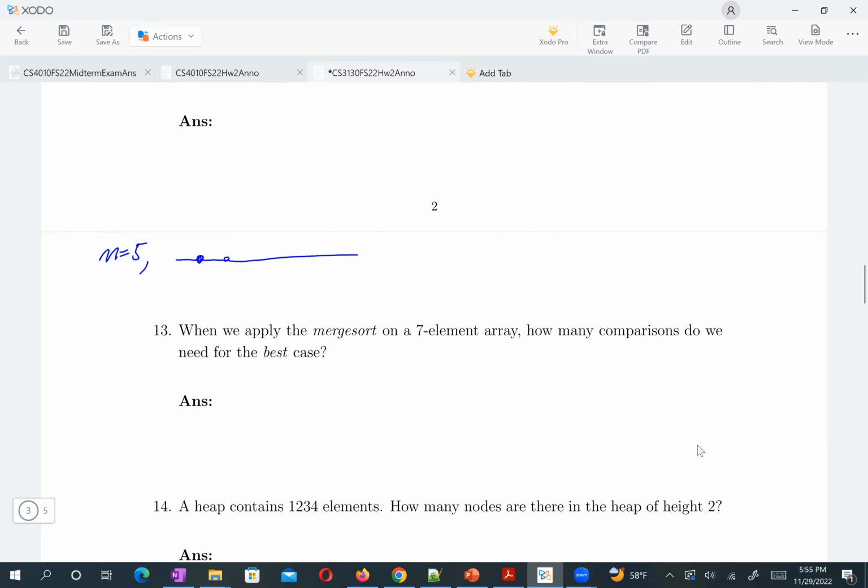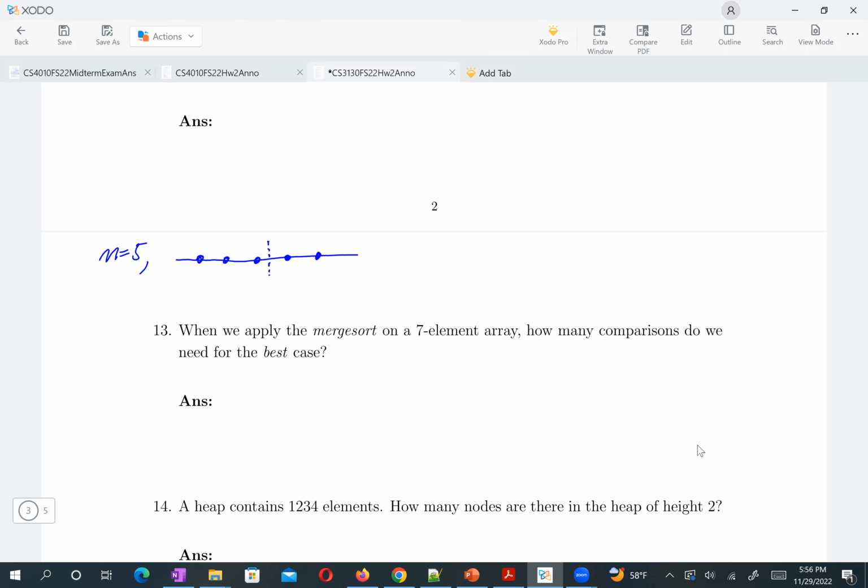Divide and conquer, right? So here we have 5 elements. We try to split in the middle, trying to make the elements in the 2 different subarrays as even as possible. Here we have to make one subarray with 3 elements, the other with 2 elements.